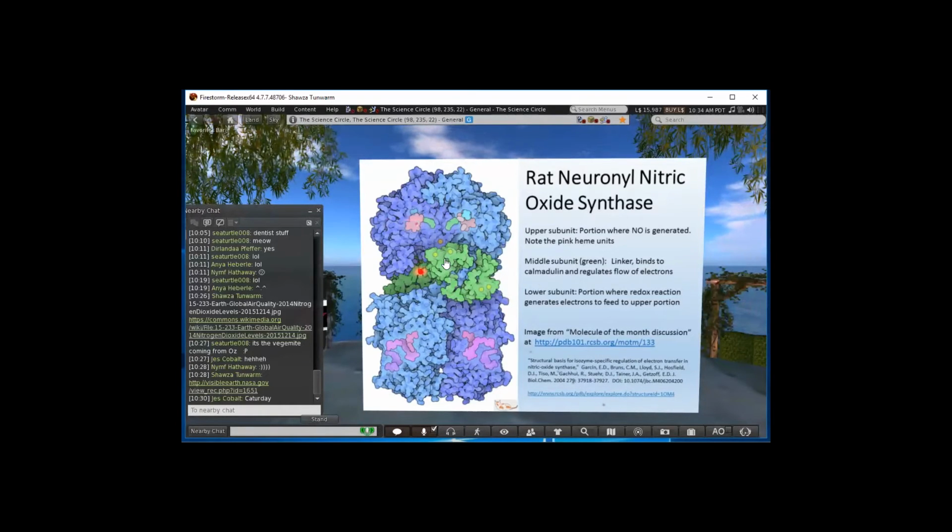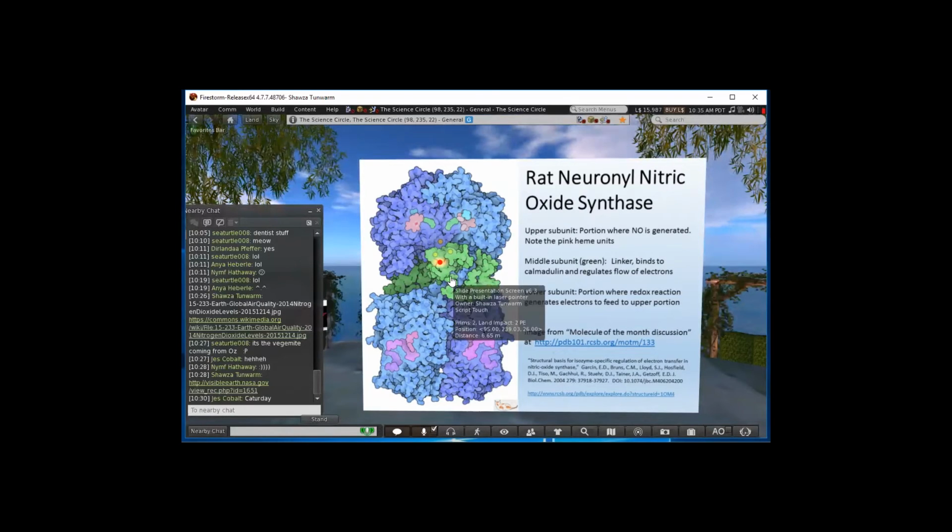It has a middle subunit, the green subunit that links the top and bottom enzymes together. The middle unit is basically called calmodulin, and it regulates the flow of electrons into the nitric oxide synthase.